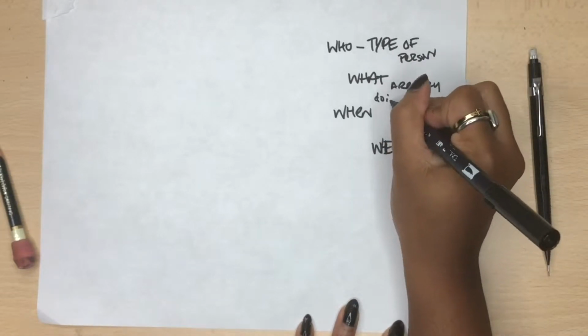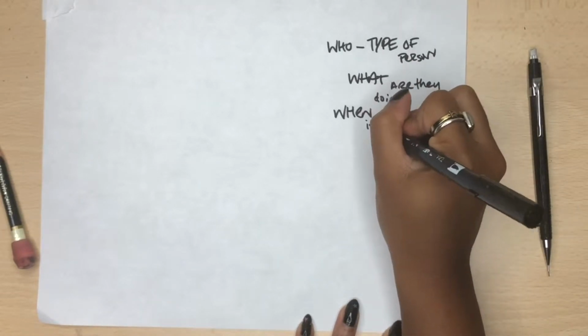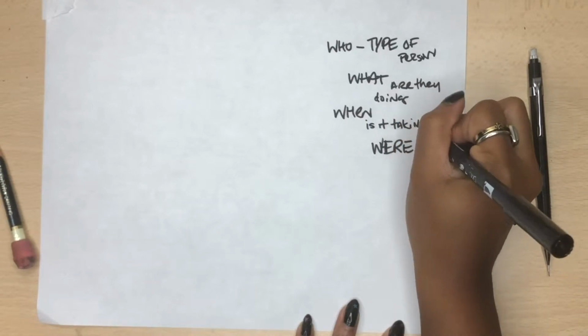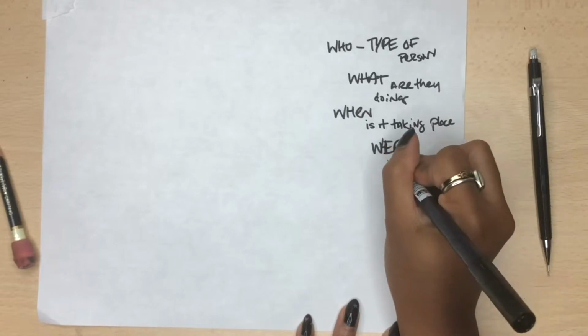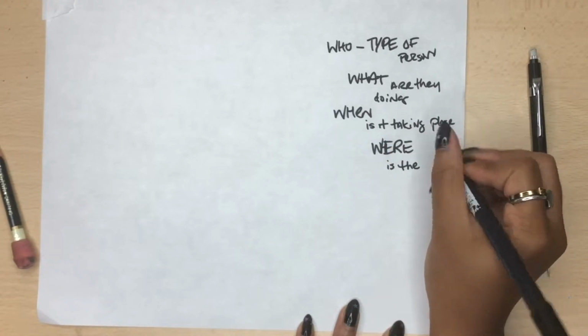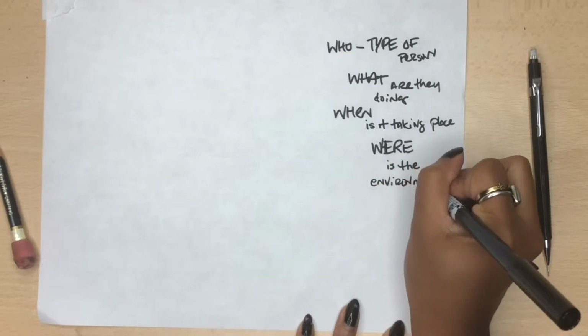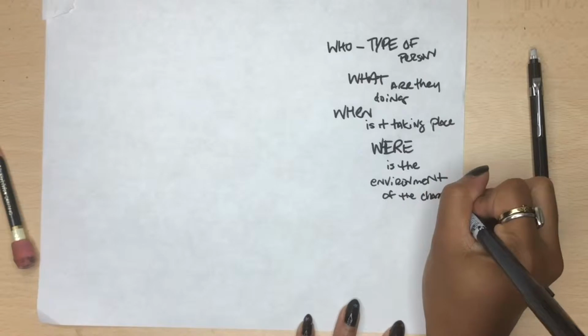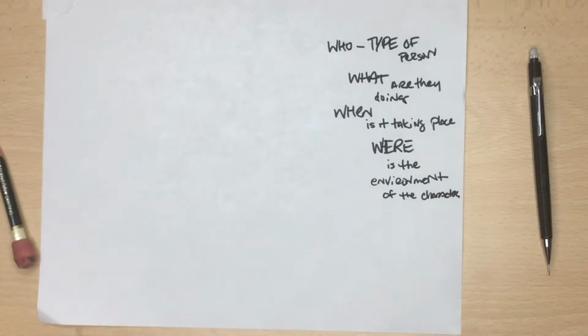And then when is the time period, or where is it taking place? All that good stuff. So is it sci-fi? Is it modern day? Is the environment dingy? What's happening? These are the types of things that I think of whenever I create a character.